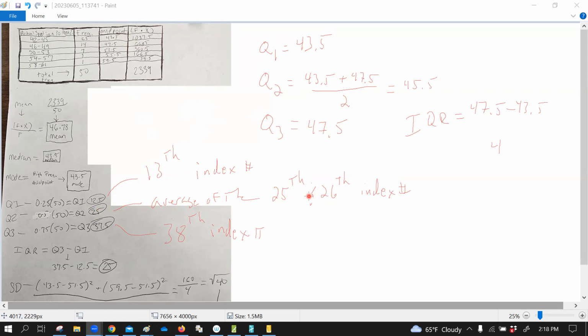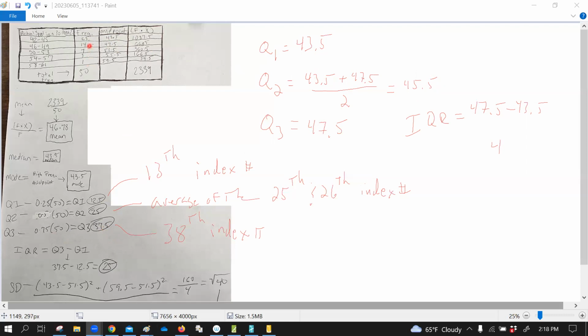The 25th number is the 43.5, and the 26th number is in the next bin. So I averaged those two numbers, and that's the median, Q2. Then for Q3, we're back to not getting a whole number, so we round up to the 38th number.